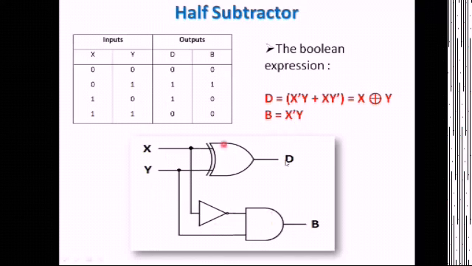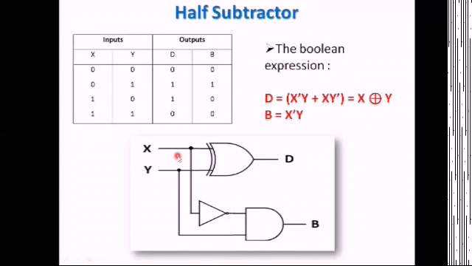So this one is the logic circuit of half subtractor, where X and Y are the 2 inputs, D is one output, that is difference, and B is the other output, that is the borrow.